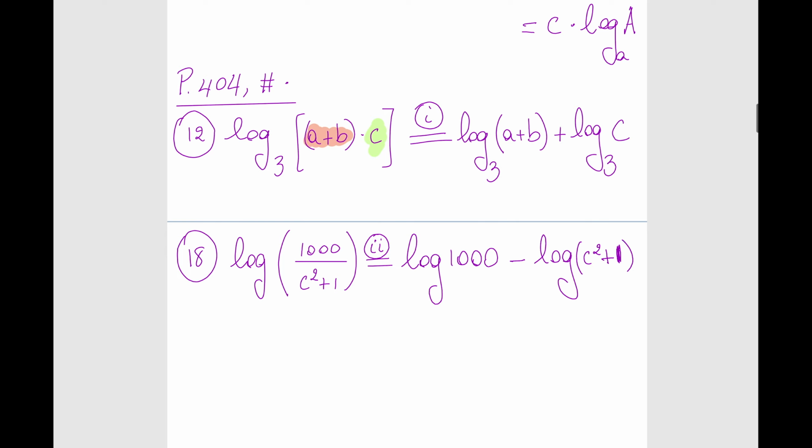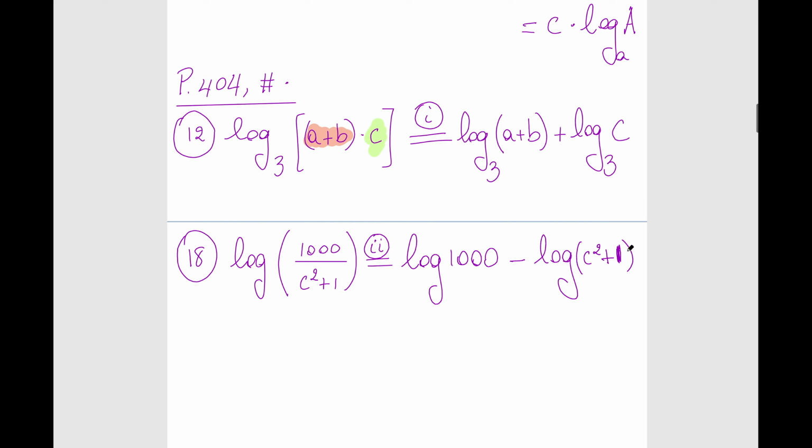Remember what we just said? Log doesn't split a sum. There is a formula for log acting on a product, on a quotient, on an exponential expression, but there's no formula for log acting on a sum. So this expression is what it is, and we cannot change it.